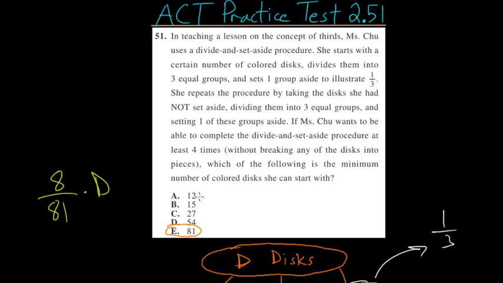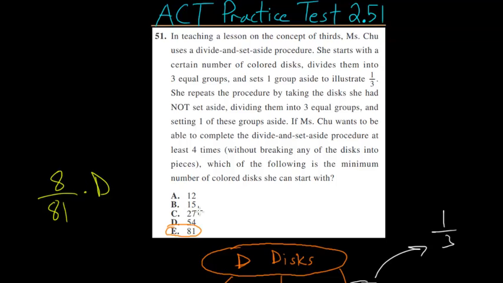So out of the numbers available that could potentially be the right answer, one of these has to be the right value such that when we put it in here for d, we would not get a fraction.